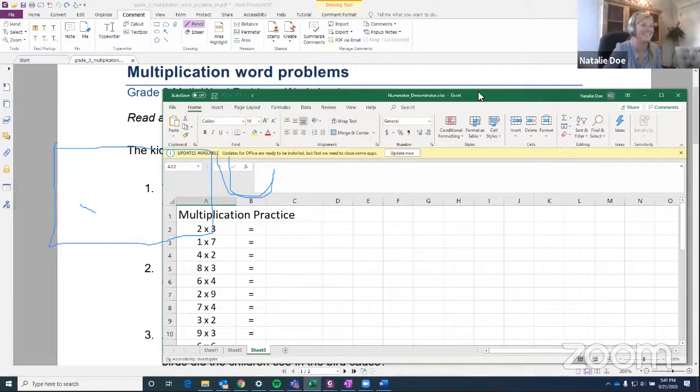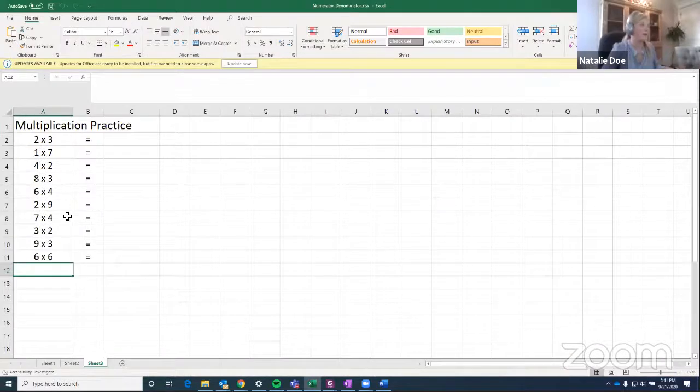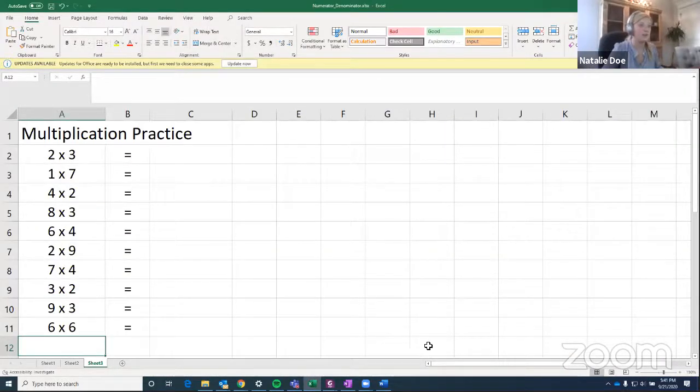All right, so we're just gonna do some multiplication practice real quick. Because the faster you can do this, the easier you're gonna be able to do division and the easier you're gonna be able to multiply big numbers. So I'm gonna read these off, and once I read it, I want you to tell me the answer as fast as you can, okay?